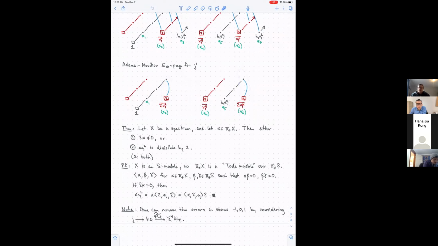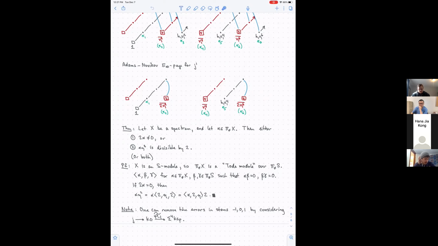And you'll see that 3, 4, 3, 5, 3, 4, 3, 6 pattern that we talked about earlier that we were looking for. Okay, so again, the real point of having gone through this Adams-Novikov E infinity page for J prime is to illustrate how these techniques get used to carry out an actual, natural computation.